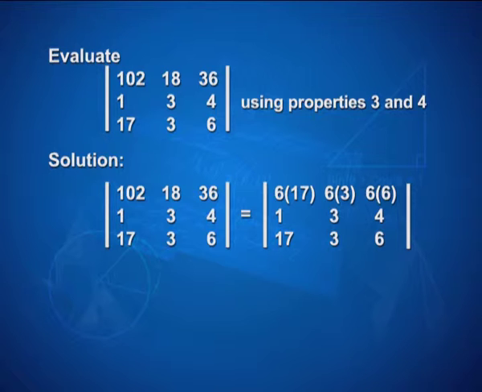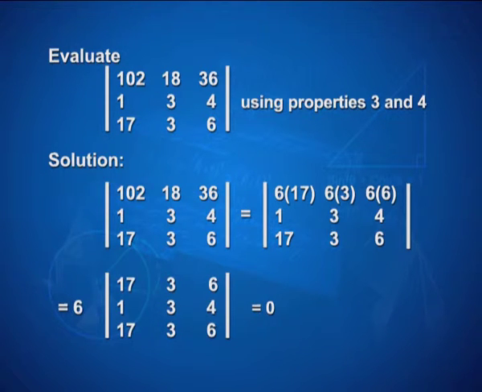Can you find something interesting here? Yes, 6 is common in the first row. So, we can take it out and write 6 multiplied by determinant 17, 3, 6, 1, 3, 4, 17, 3, 6. This gives me 0 as the answer.